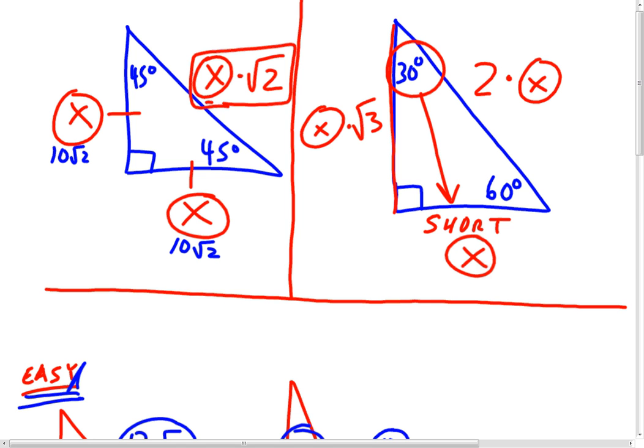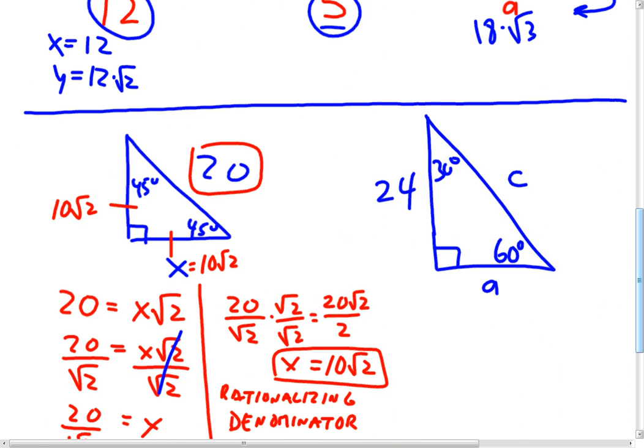My pattern says take whatever this is and attach a radical 2 to it. What's a radical 2 times a radical 2? What's 2 times 10? 20. Isn't that what we originally had for the hypotenuse? So it's there. The pattern's there.